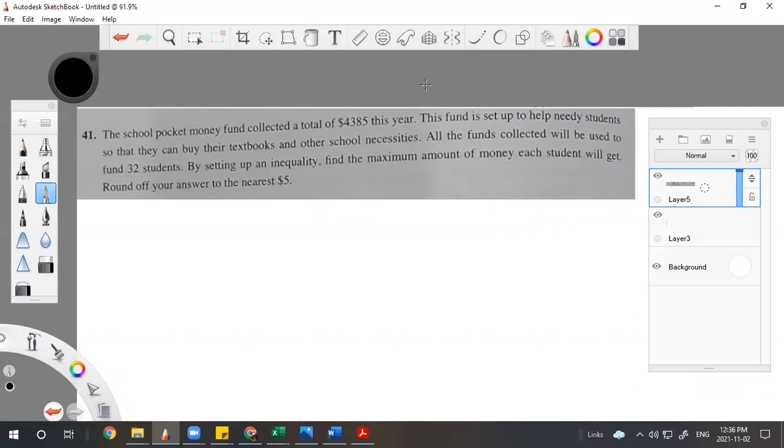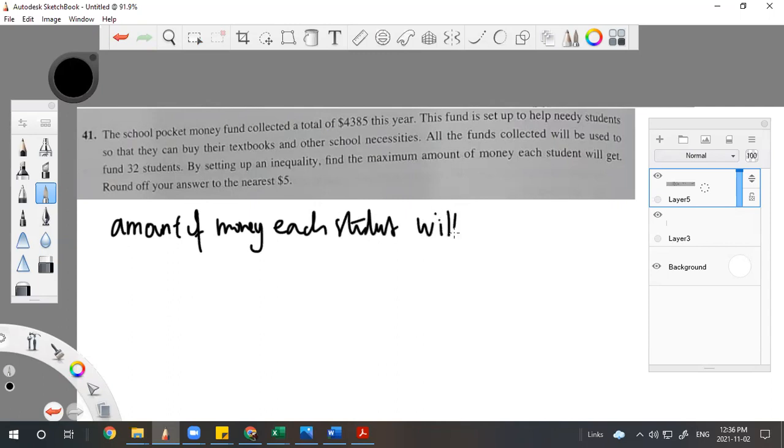All the funds collected will be used to fund 32 students. Okay, so find the maximum amount of money each student will get. Jadi amount of money each student will get berapa? Ini soalnya kelihatannya susah ya, banyak banget tuh, udah 4 baris.